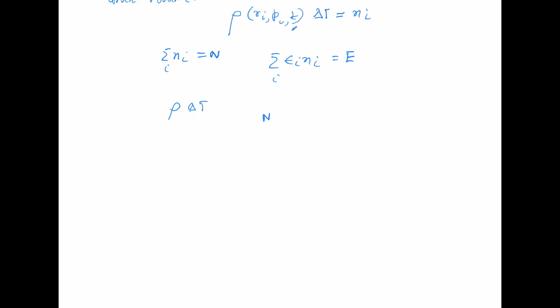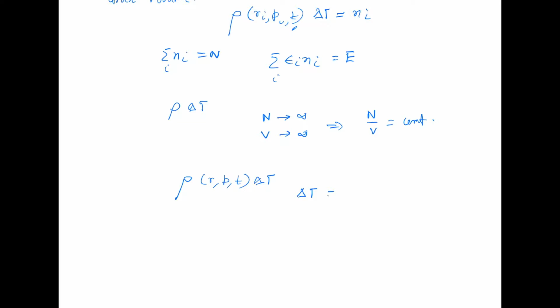In the thermodynamic limit, where we take N tending to infinity, V tending to infinity, so that N by V remains constant at any predefined value, we will assume that rho(r, p, t) delta tau approaches a continuous function, and we will regard delta tau as mathematically infinitesimal.